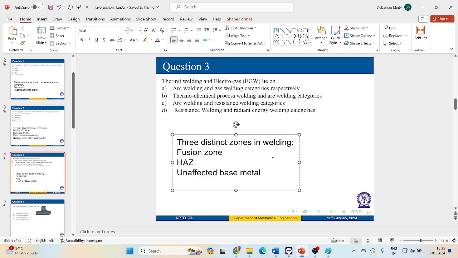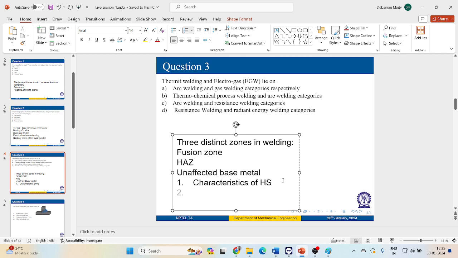Now, the most important factors that govern a fusion welding, what are they? They are the characteristics of heat source.